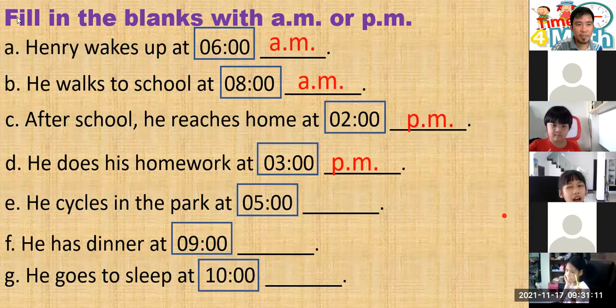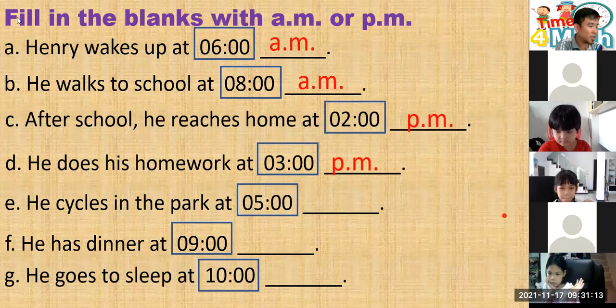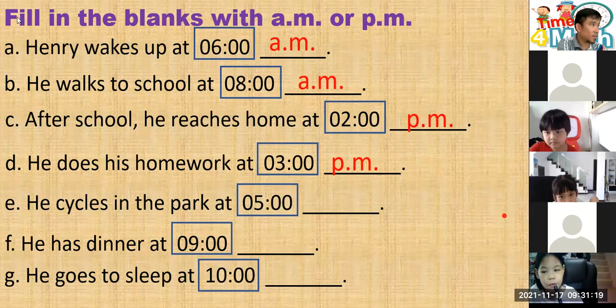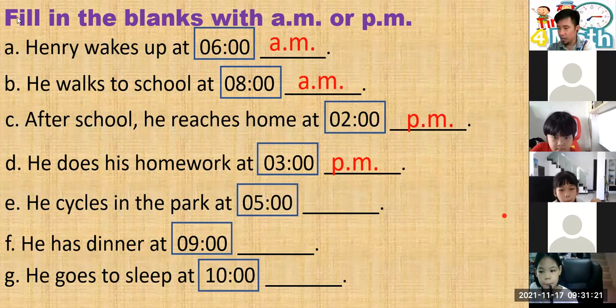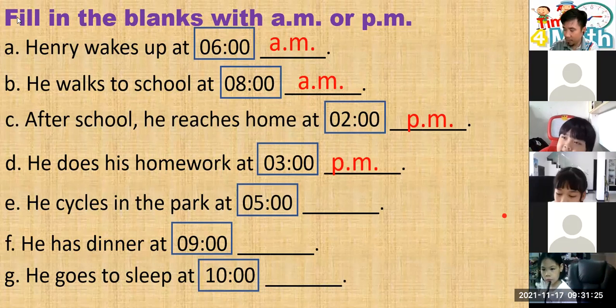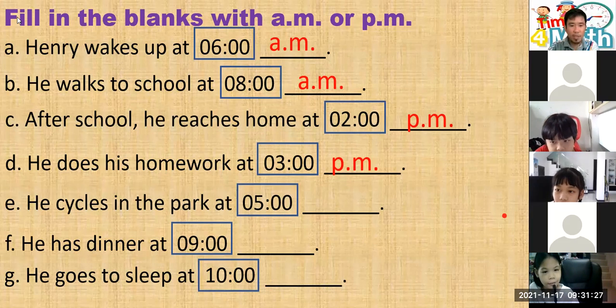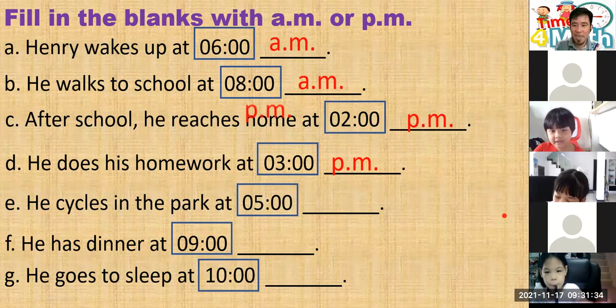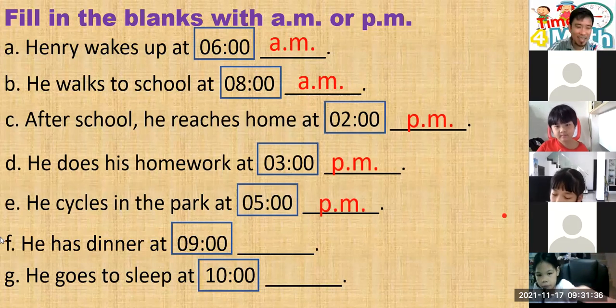A moment. PM. เหรอ PM นะนาวา PM ใช่ PM แล้วใครเลยจะไปปั่นจักรยานตอนตี 5ล่ะ Letter E. Here is p.m. Okay, dinner time.